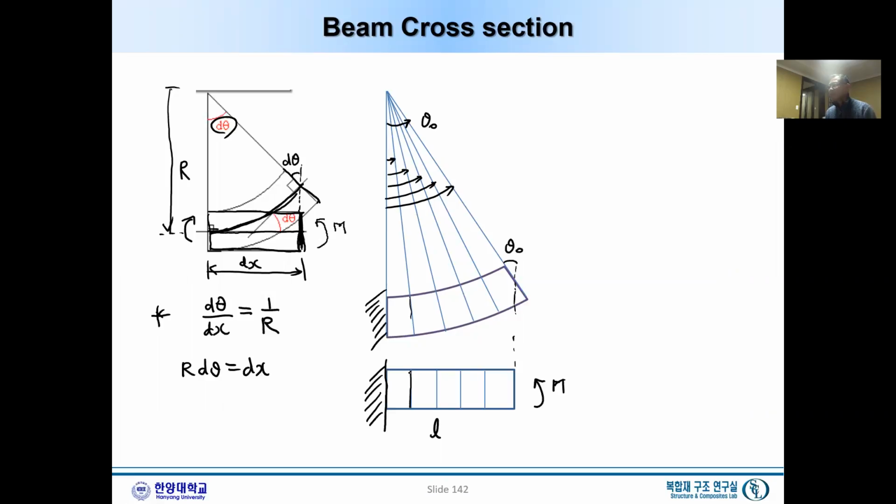So as you can see, theta is gradually increasing along this x, the x-axis.